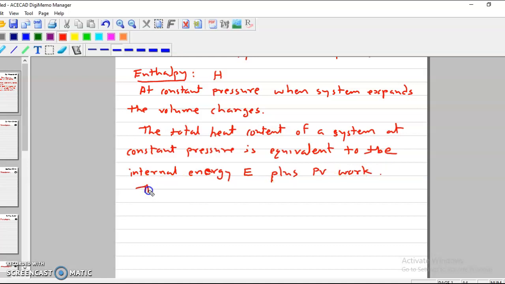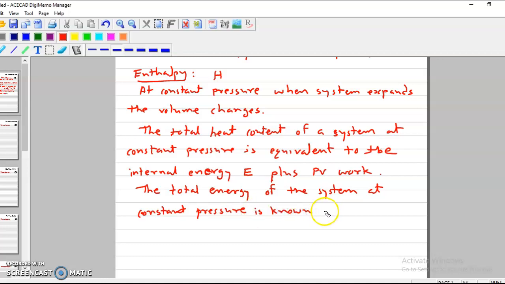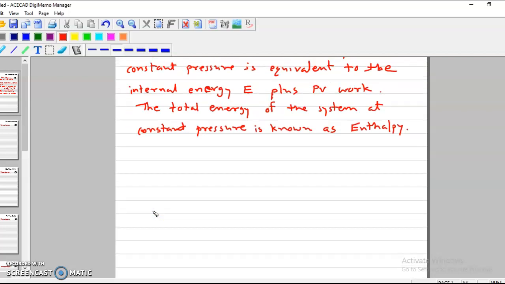So the total energy of the system at constant pressure is known as enthalpy. Okay, so this is what enthalpy means.